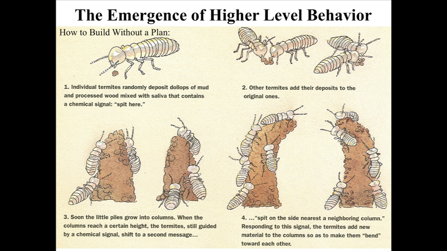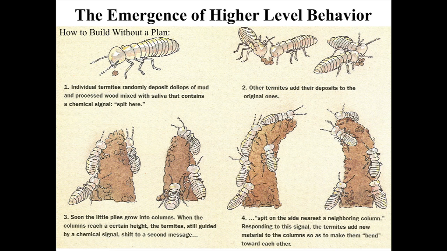Now let's consider behavior. It seems very complex. How did you all end up here today? You got up and you said, I'm going to get out of bed today, and eventually I'm going to go to this class. So how does this happen? Emergence of higher level behavior.